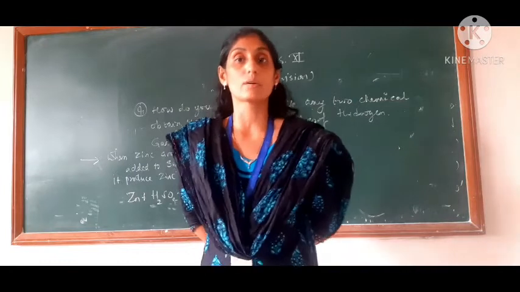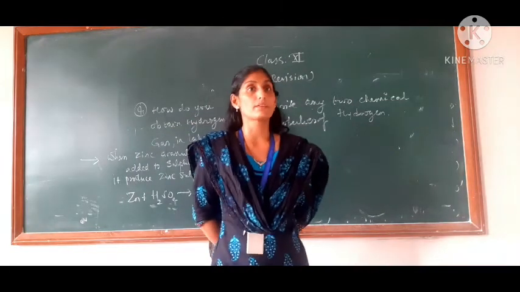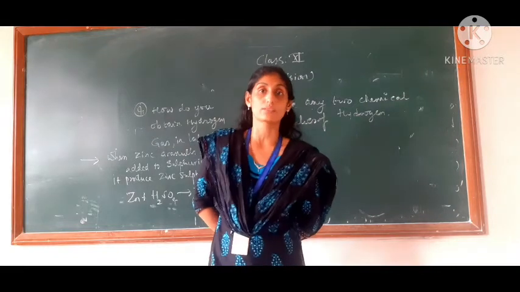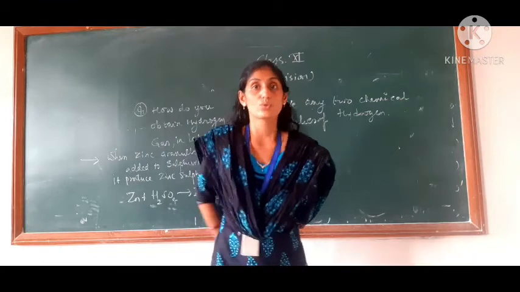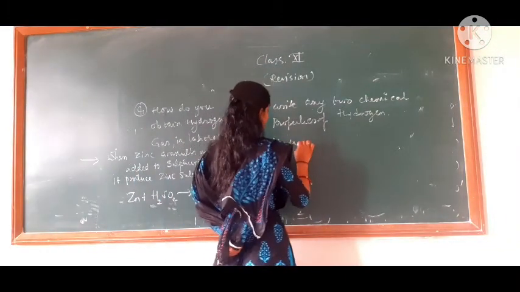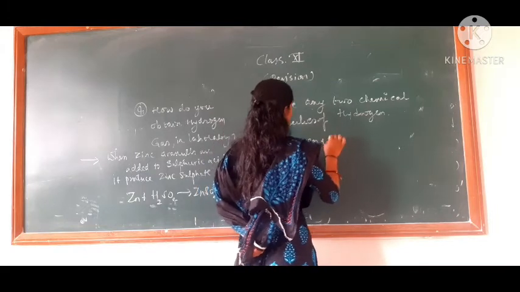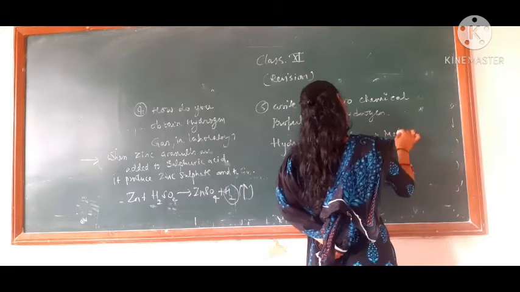So when we talked about metals, particularly sodium, potassium and lithium, it is going to form hydrides. So what we are writing is that hydrogen plus metal produces metal hydrides.